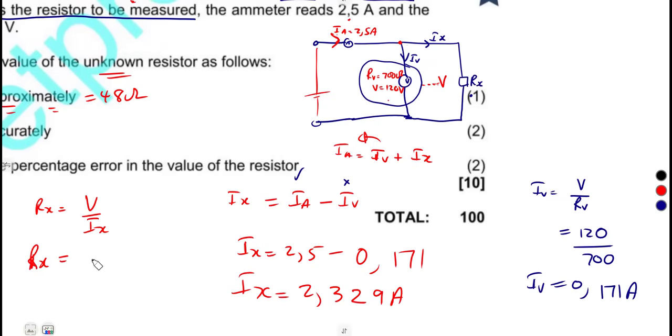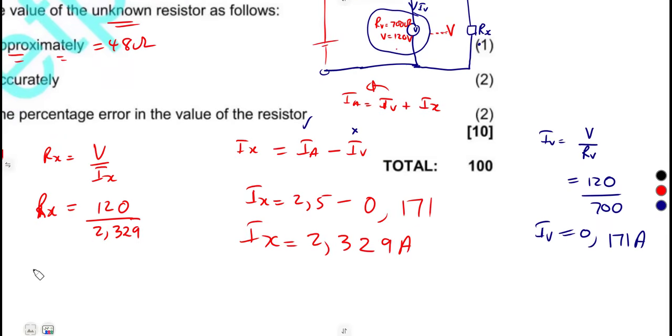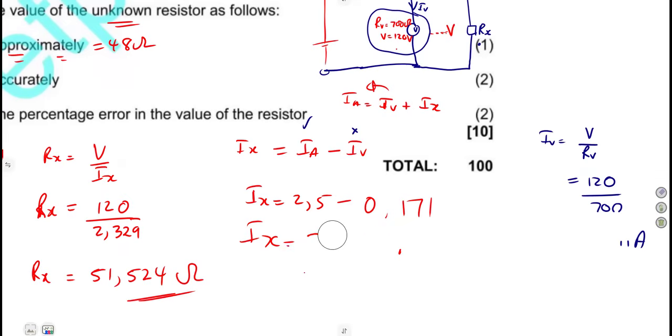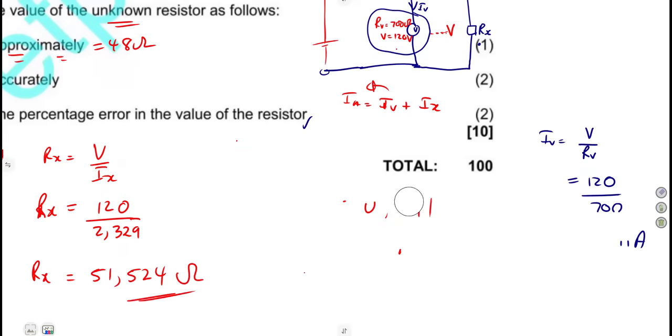The voltage across is the same, remember, 120 over 2.329, which gives 51.524 ohms. That is what you simply obtain from these calculations.